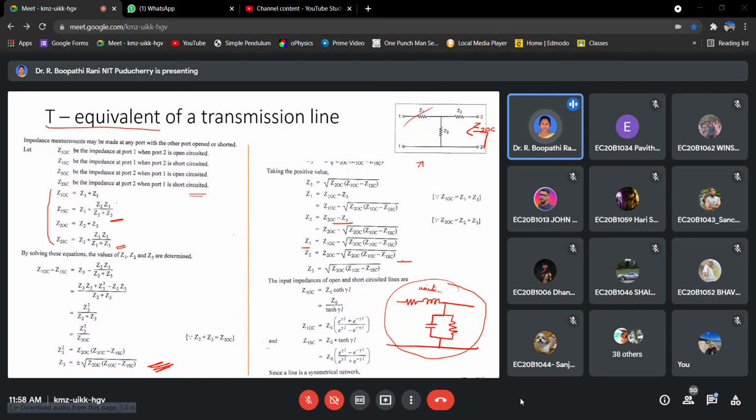Now we want to know what is the input impedance of a transmission line if it is open circuited or if it is short circuited. How will we find that? Any idea?